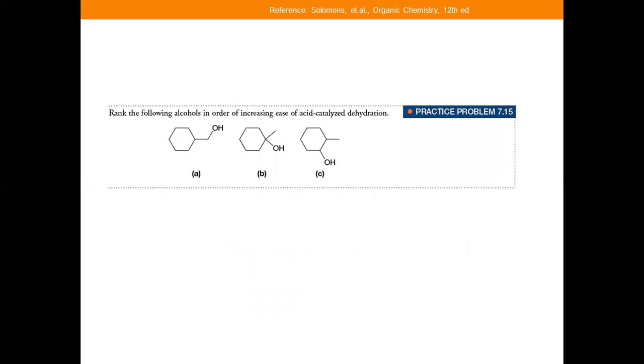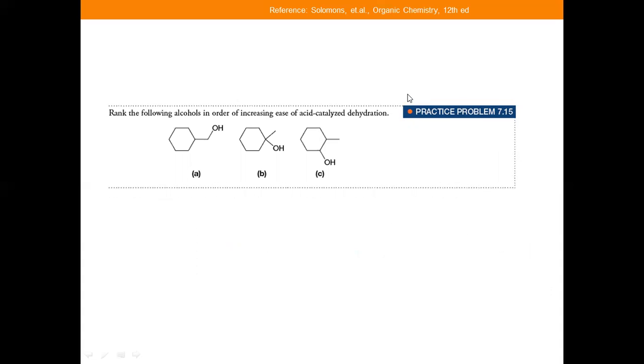Okay, so let's see before we end. There's only three. It's 9.6.10. Ronald and Ian. So Ian, rank the following alcohols in order of increasing ease of acid catalyzed dehydration.